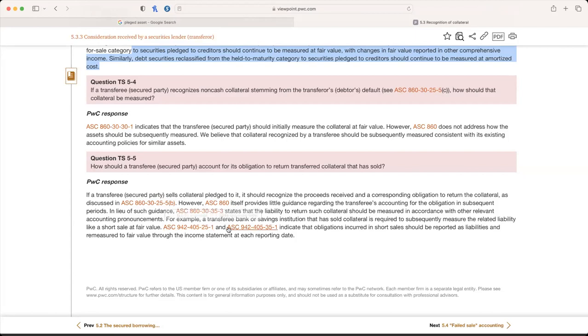For example, a transferee bank or savings institution that has sold collateral is required to subsequently measure the related liability like a short sale at fair value. It says obligations incurred in short sales should be reported as liabilities and remeasured to fair value through the income statement at each reporting date.